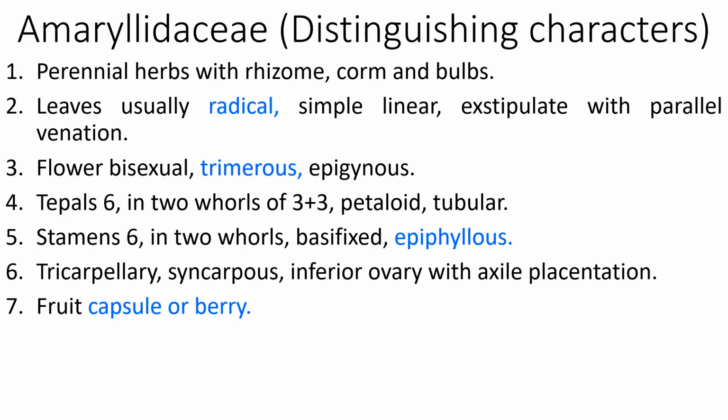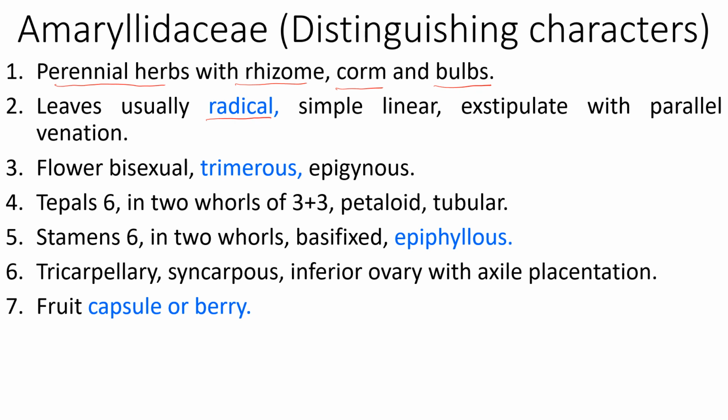Let us continue the discussion with the distinguishing characters of this family. Plants in this family are perennial herbs with either rhizome or corm or bulbs, all different kinds we can see. Leaves are usually radical.